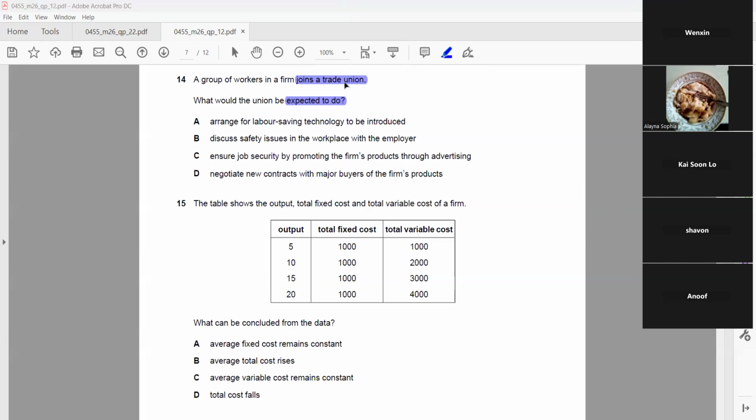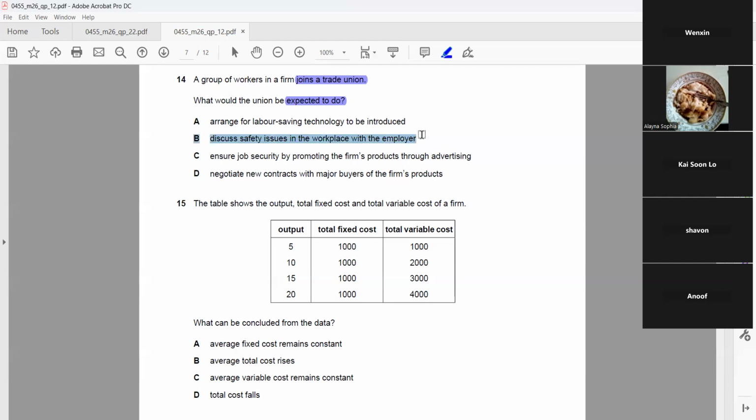Trade union. I do not think so. Try again, look properly. The answer should be something to do with negotiating with the employers, focusing on the welfare of the workers. Think about it again. No.